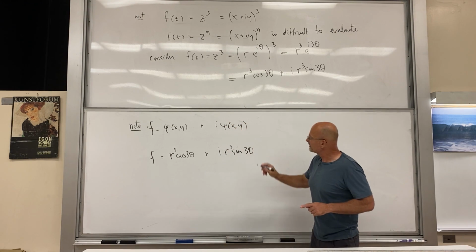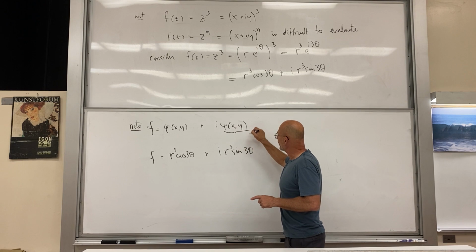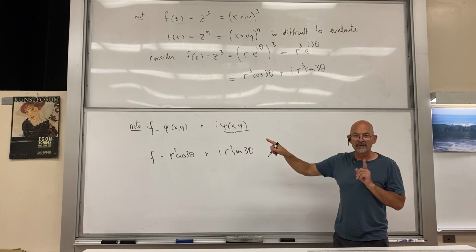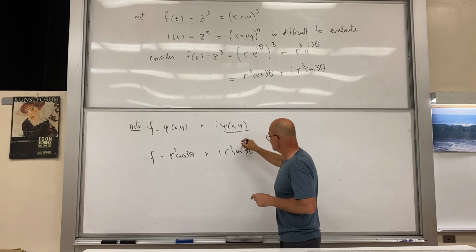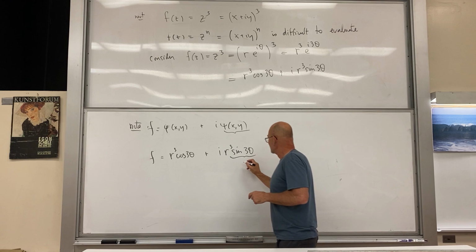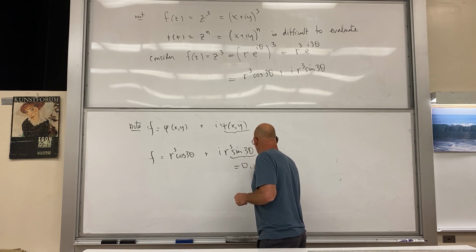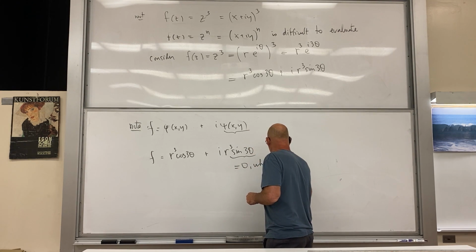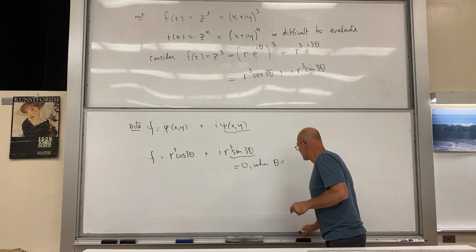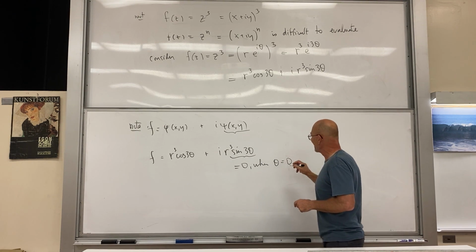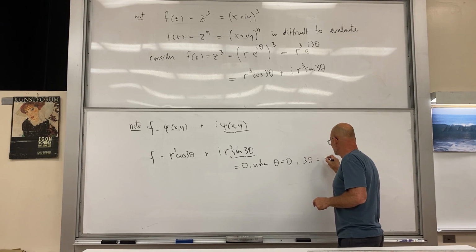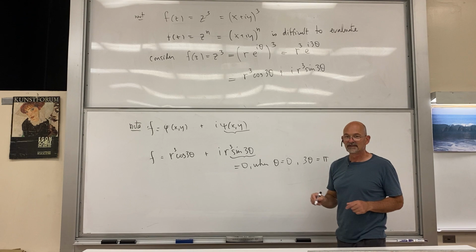And what we wanted to find is, where is this function equal to 0? Because that'll be the streamline at the solid boundary. And we can see where this is 0. So this equals 0 when theta equals 0 and 3 theta equals pi.